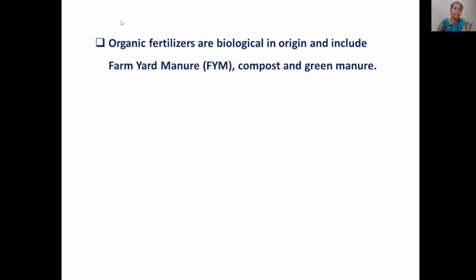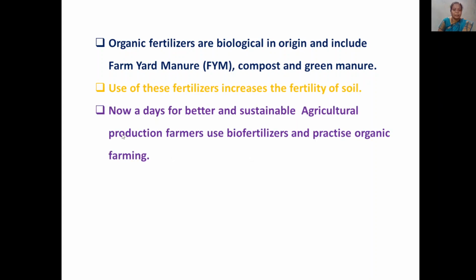Go to next slide. Organic fertilizers are biological in origin and include farmyard manure, that is FYM, compost and green manure. Use of these fertilizers increases the fertility of soil.